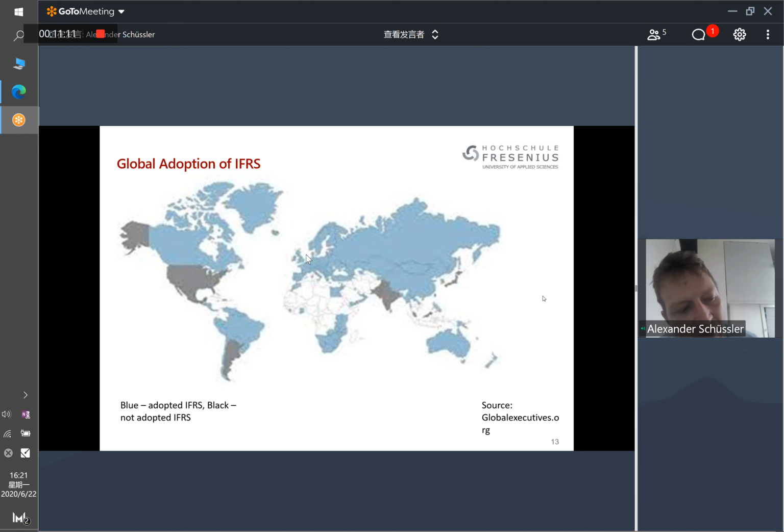So when you read the financial statements of a US-based company, let's say Amazon or Google, you will understand them when you know IFRS, because IFRS is so similar to the US standards, called US GAAP. Very, very similar.